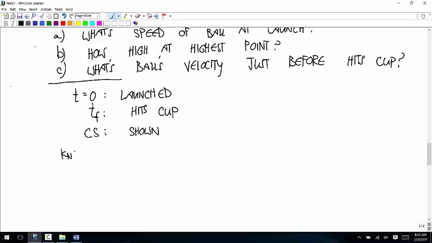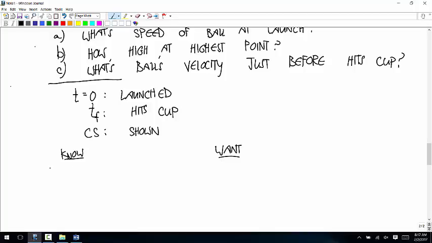So now let's think about what values we know, what values we want. Do we know time final? Nope. Do we know acceleration? Yeah.